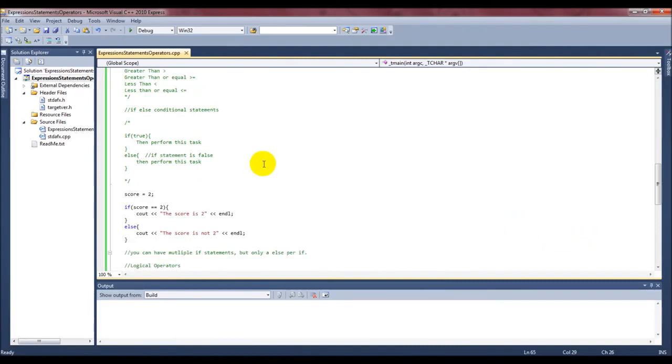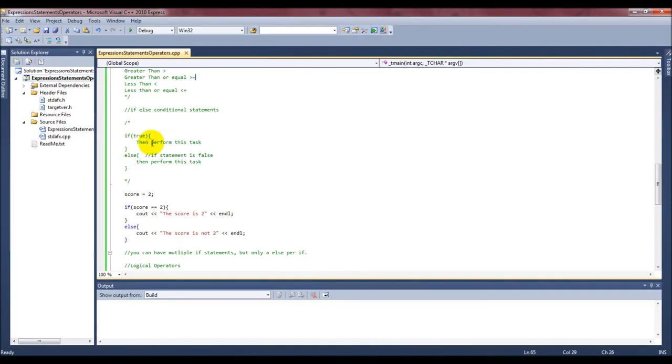Okay, let's talk about conditional statements in C++. And the biggest conditional statement in C++ is the if-else conditional statement. If this is true, whatever the expression is inside of these parentheses, then it'll perform this task. So, in this if statement, there's the body of the code, open bracket and close bracket.